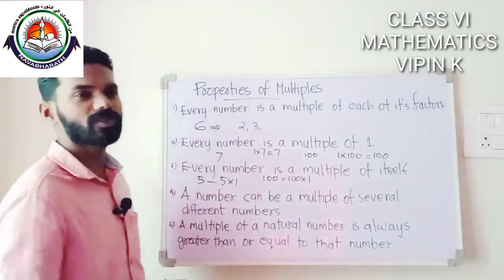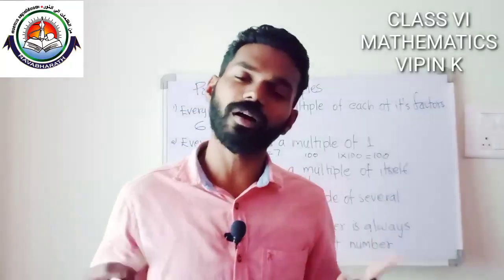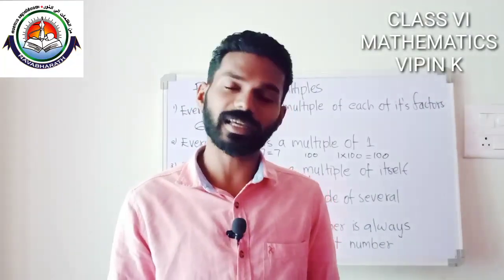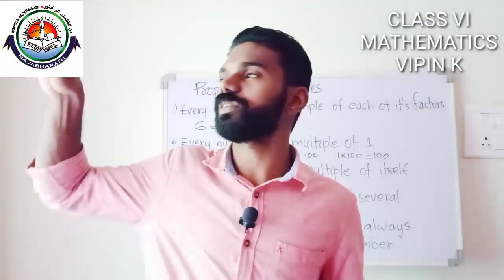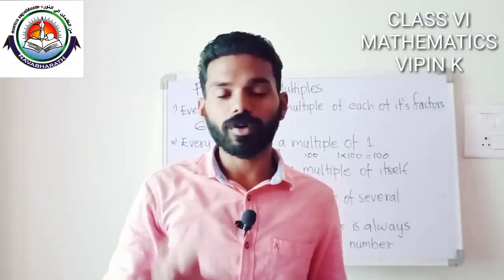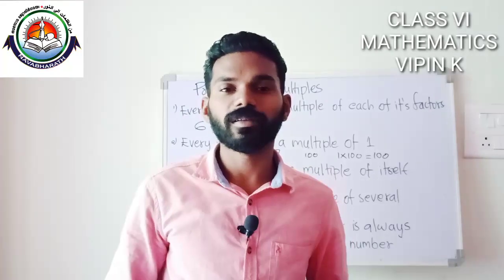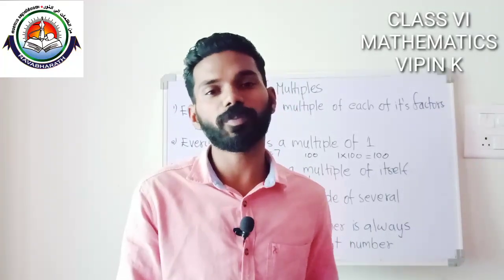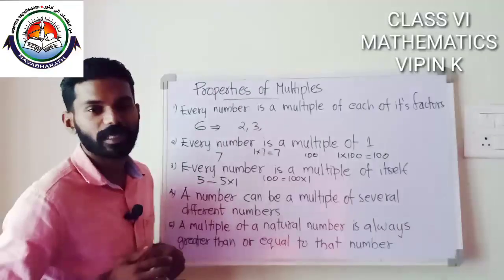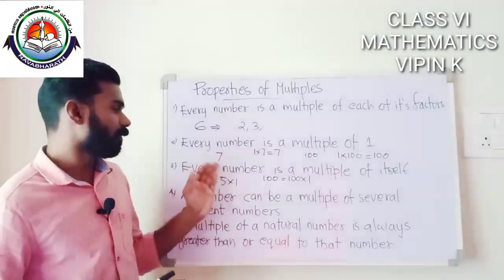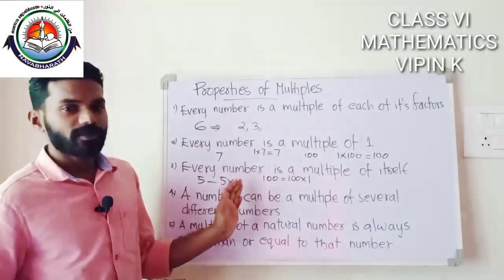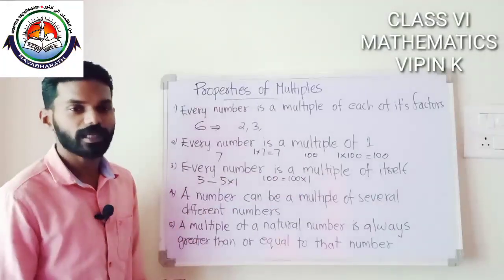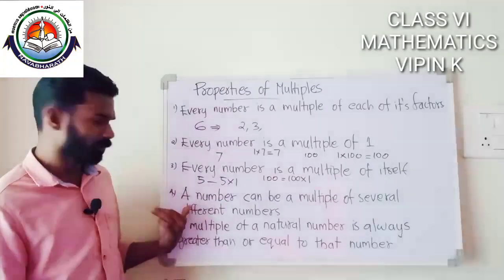The number 1023 is a multiple of itself because 1023 can be written as 1023 into 1. So for any number, the first multiple of that number is the number itself. Clear? Now what is the next property?